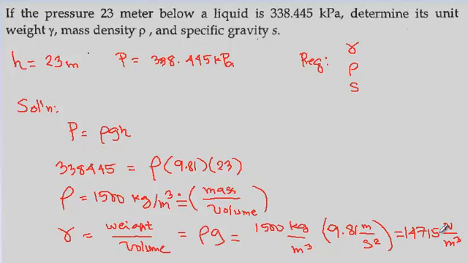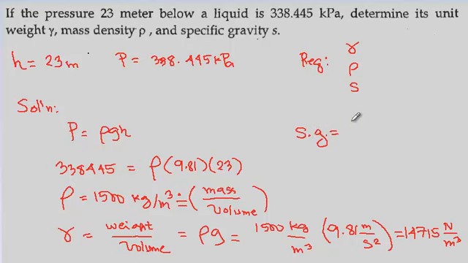And how about the third question, specific gravity? It could be S or SG, but I prefer to write SG. SG is simply a measure of how heavy the liquid is compared to the standard liquid, which is of course water.